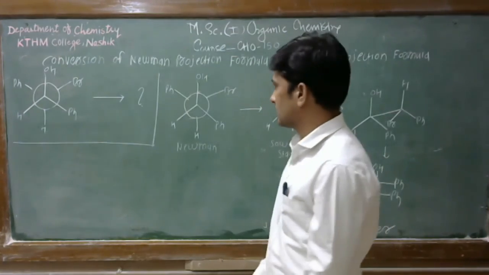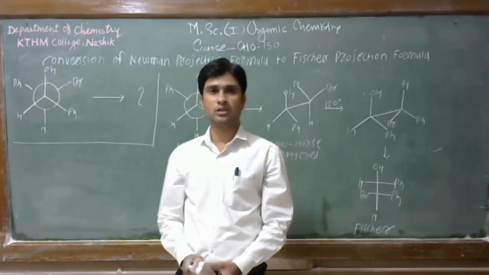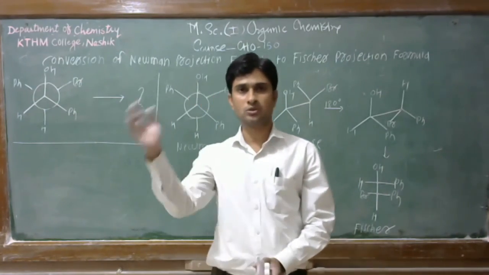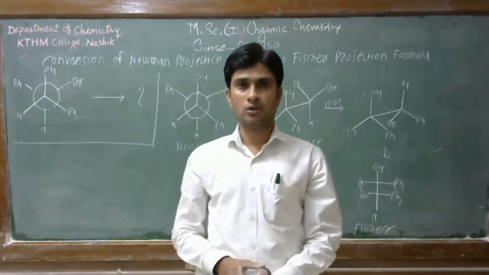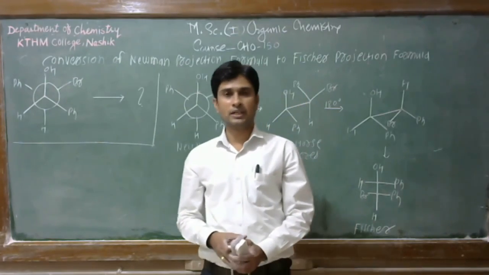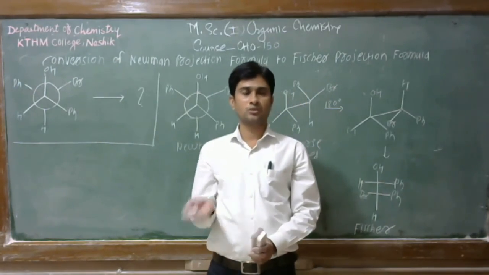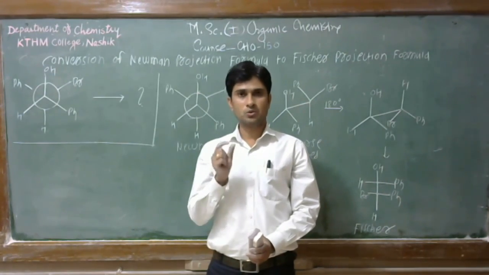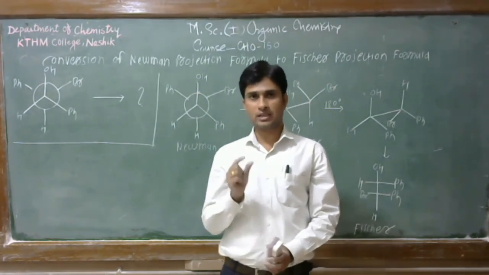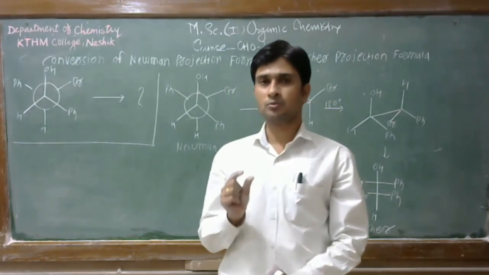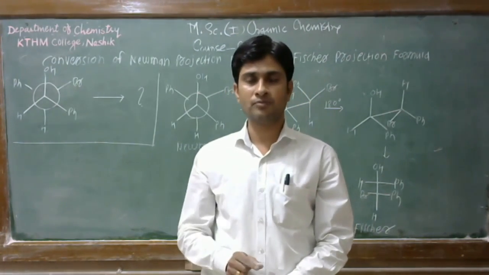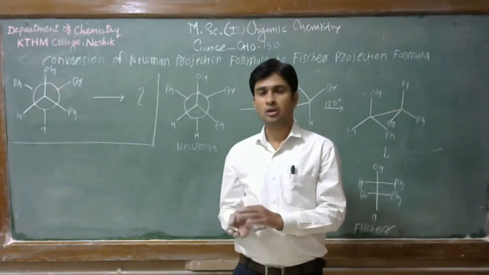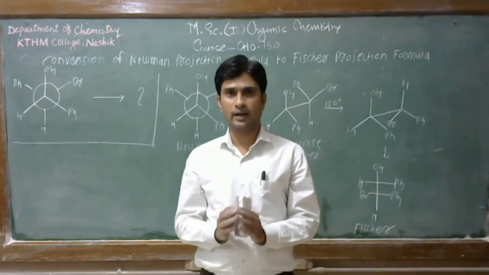Friend, in today's lecture we have discussed how to convert Fischer projection formula into Newman projection formula, and Newman projection formula into Fischer projection formula. So two things that we remember here: when we convert any projection formula, meaning Fischer to Newman or Newman to Fischer, two things are very important. The first thing is Fischer projection formula is always in eclipsed form, and the other thing is when we convert Fischer to Newman or Newman to Fischer, we have to go via the Sawhorse.